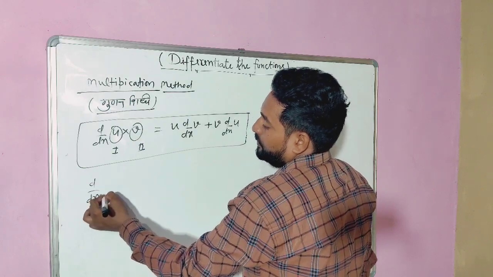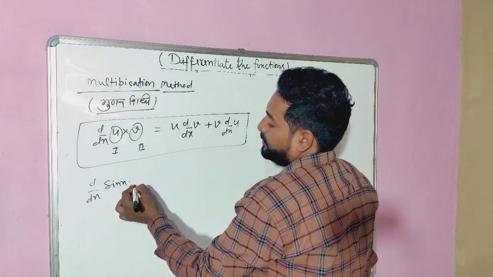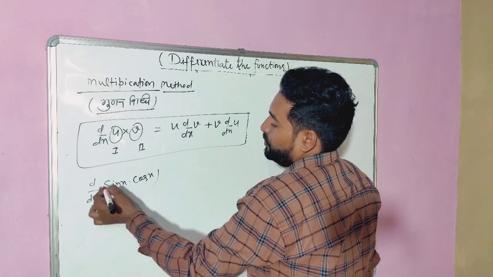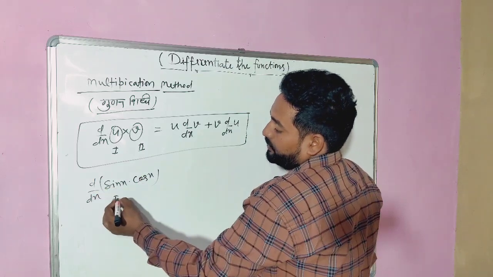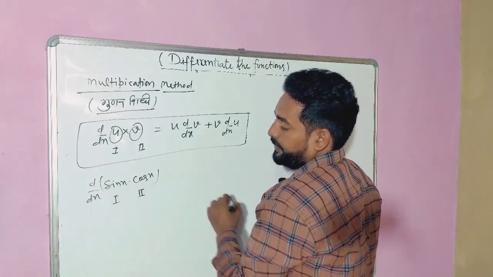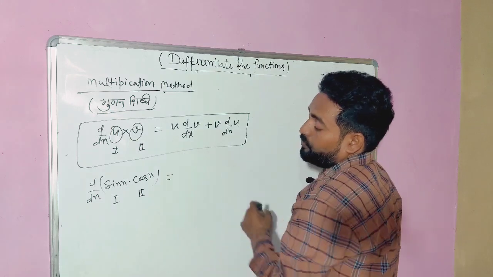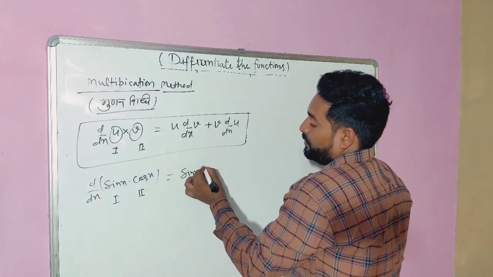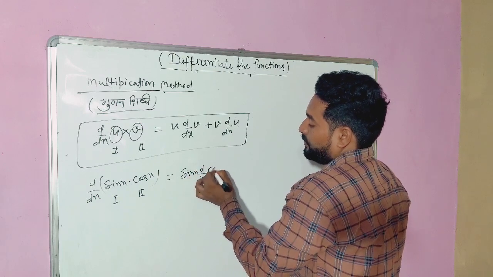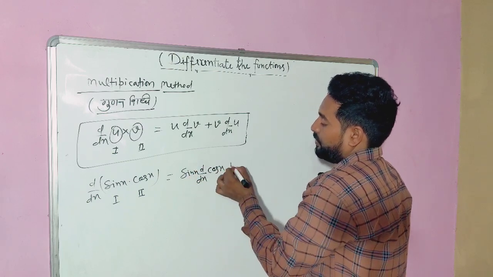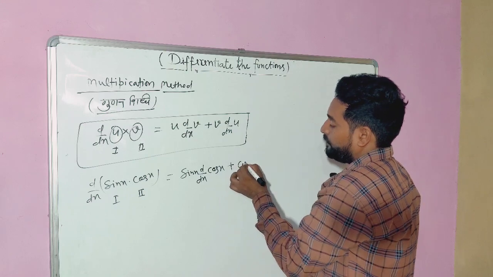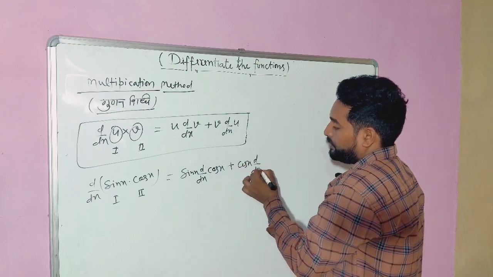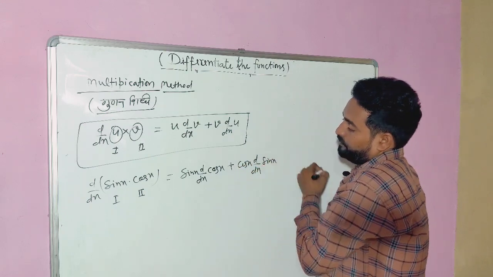d upon dx sin x into cos x. sin x is the first term and cos x is the second term. So we use this formula: first term d upon dx second term plus second term d upon dx first term.